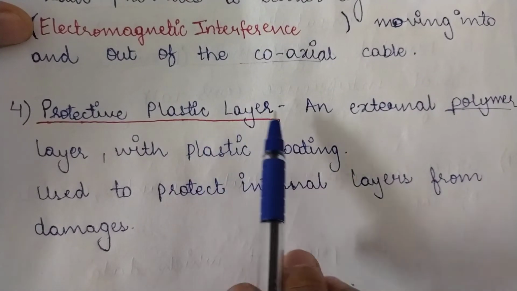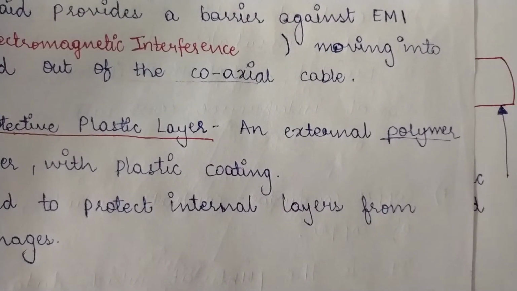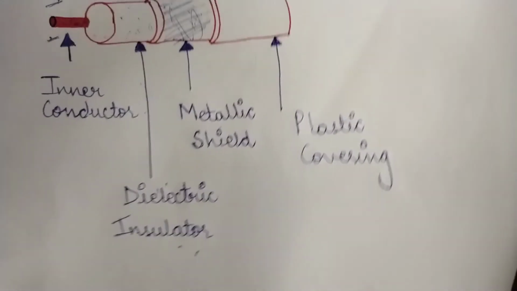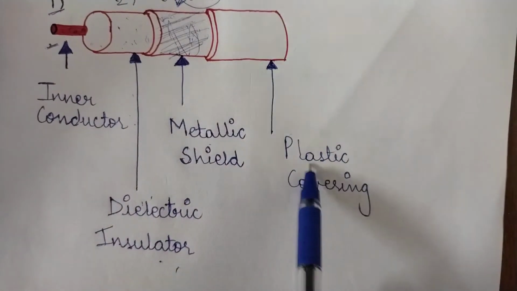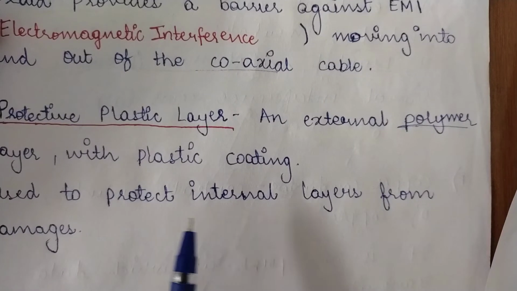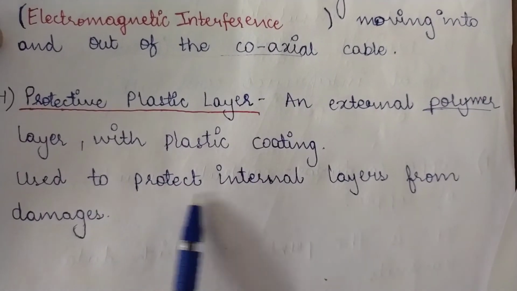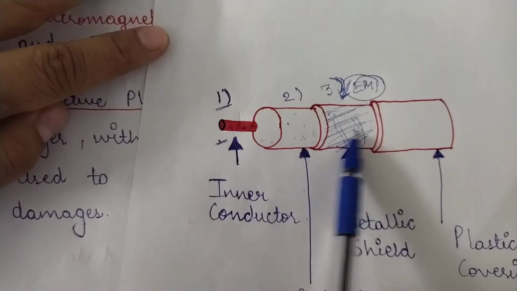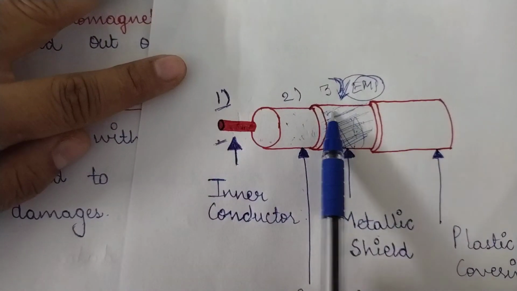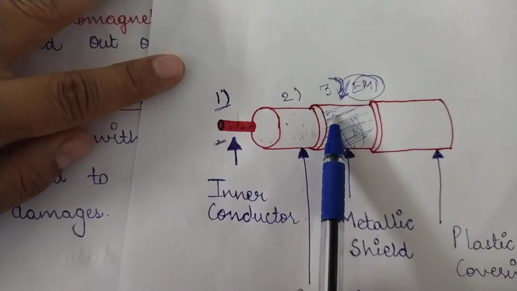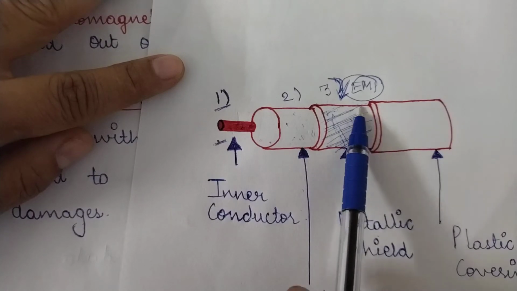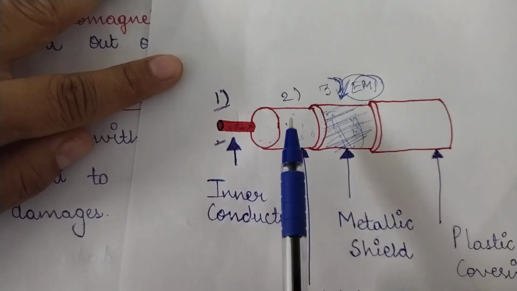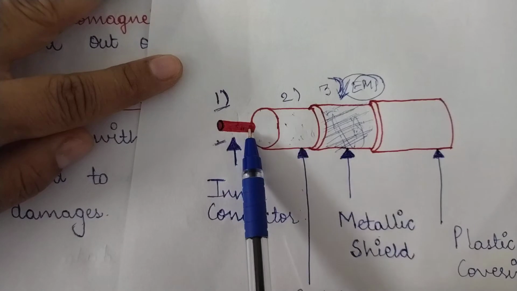So this protective plastic layer, or the plastic jacket that people usually call it, the plastic covering, is providing an extra protection to protect the internal layers from damage. Now what are the internal layers? If this braided mesh gets damaged, then it will not be able to prevent any electromagnetic interference from entering the inner conductor.